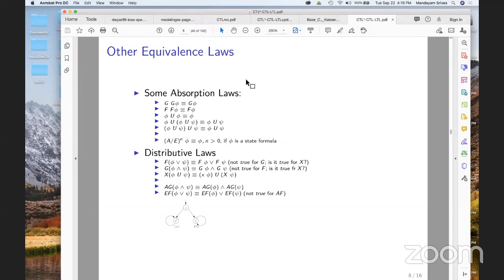CTL model checking is much easier to conceptualize and understand. It's also somewhat simpler than LTL model checking. Therefore, that is the first thing that we will do. Any questions so far?